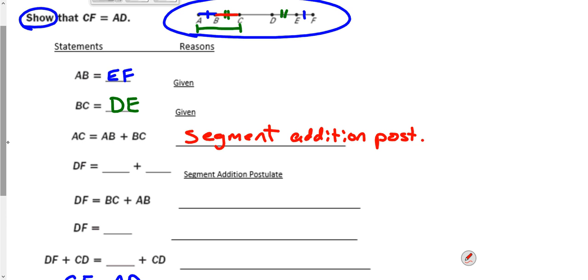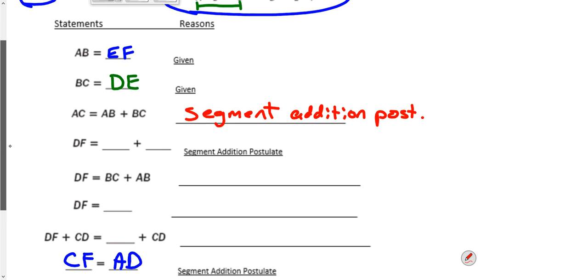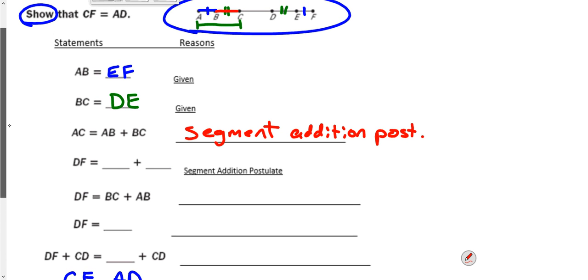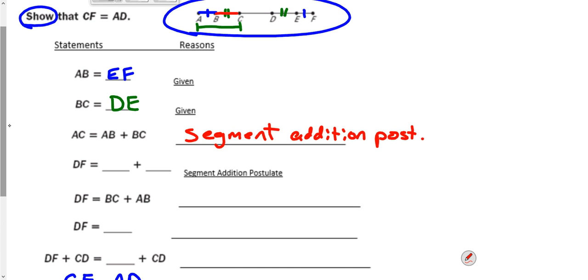Our next statement, we need to fill in a blank. DF equals blank plus blank. And we know it's the segment addition postulate, so we know it's going to be similar to the one we just did. So let's look there. We see that DF equals something.